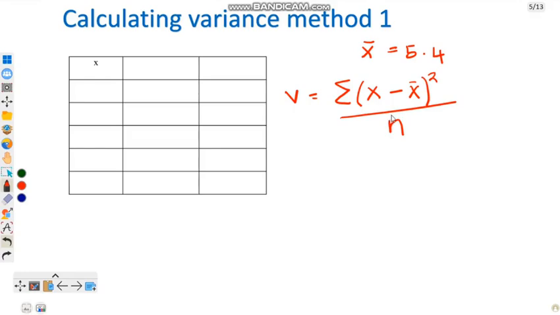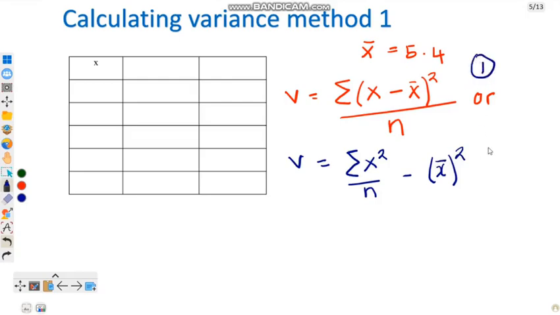Or we can use the other formula: variance is equal to the summation of x squared over n, minus the mean squared. Whether we use formula 1 or formula 2, we get the same answer. We start with the first one, then we use formula 2 later on.